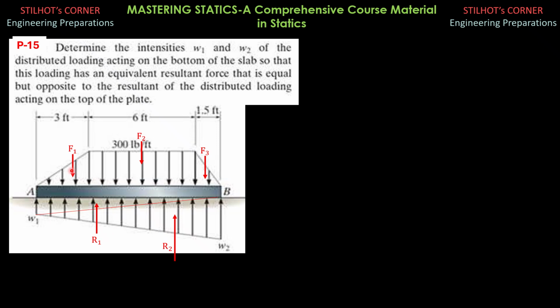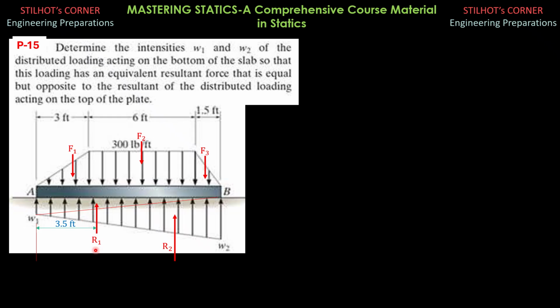So F1 is simply 1/2 of 3 feet times 300 pounds per foot. By the way, the distance of these forces can be analyzed as I proceed. I will not label it here, but I will explain it as we move on.